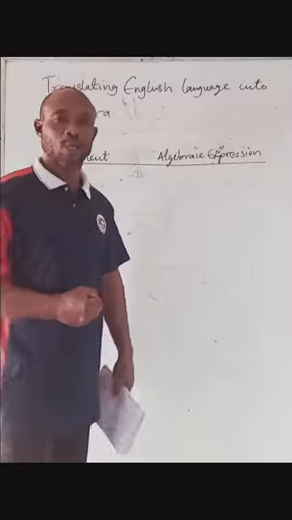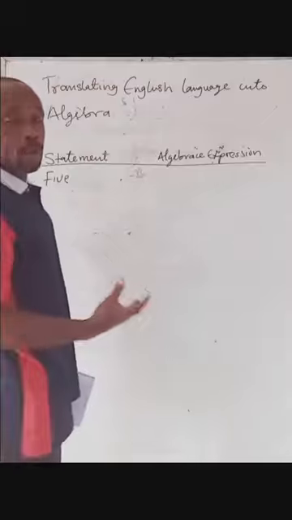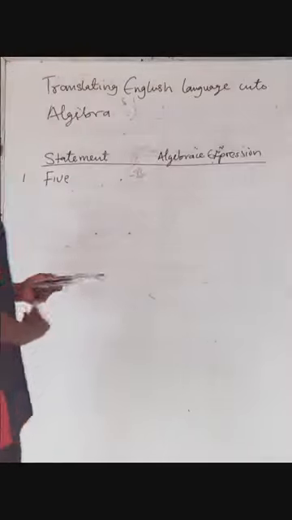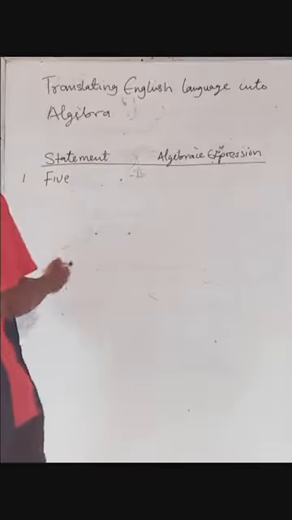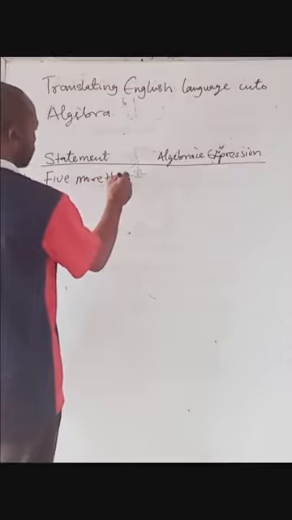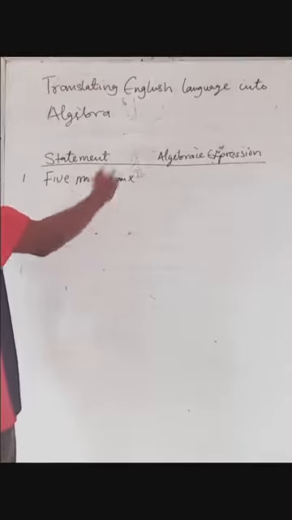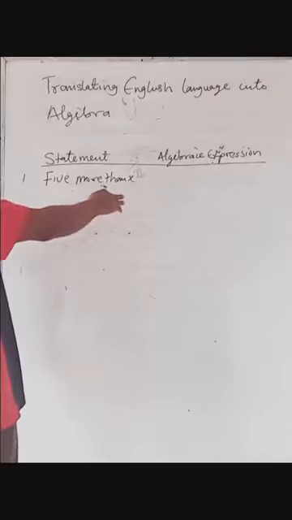So let's look at this subtopic, translating English language into algebra. Example, 5 more than x. 5 more than x is an English statement. Now let's translate it into an algebraic expression. 5 more than x.